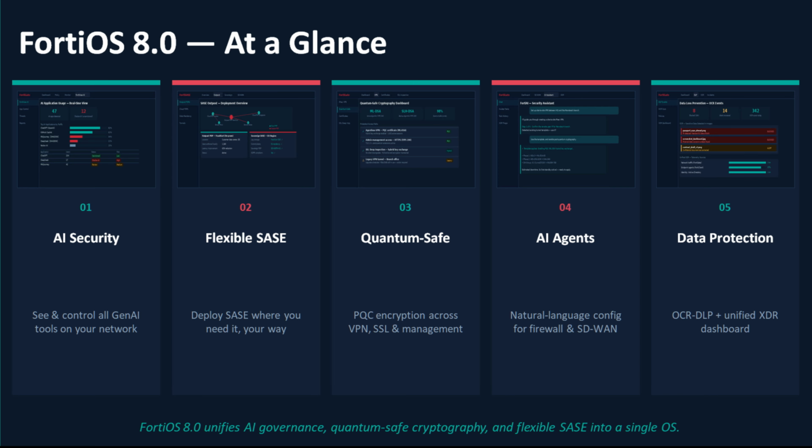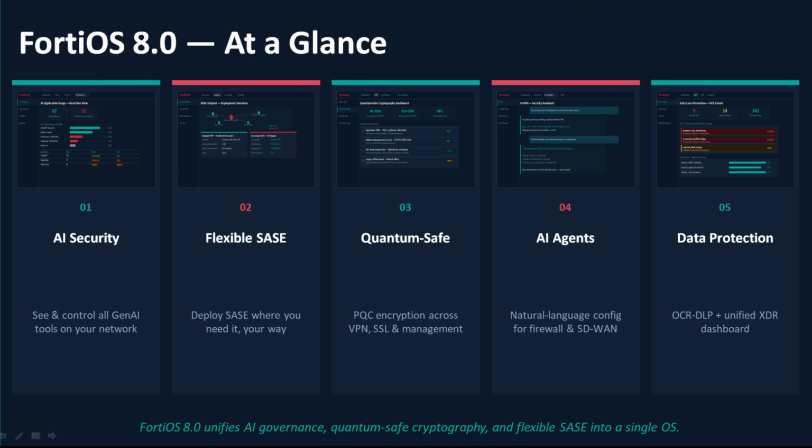Here we talked about five features. AI security, which sees and controls all generative AI tools on your network. We talked also about flexible SASE, which deploys SASE where you need it, your way. We have also quantum safe, which introduces a new encryption algorithm for VPN and SSL, and also for management.